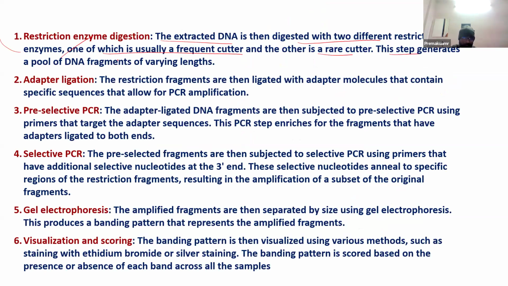The step is to generate pooled DNA fragments of varying lengths. Then after that, restriction fragments are ligated with adapter molecules that contain specific sequence that allows PCR. Then the adapter ligated fragments are subjected to, actually I didn't mention that point.